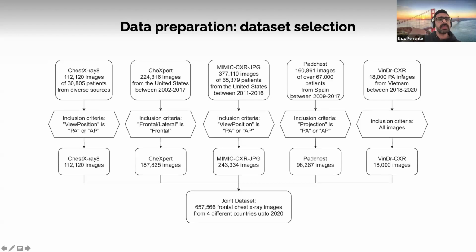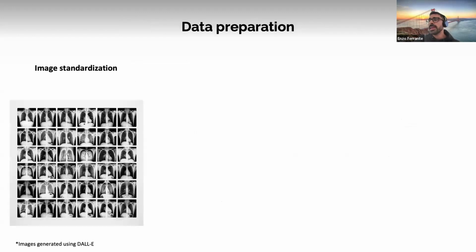And now we are extending it to other datasets as well, but this was the initial bunch of datasets we used. And so we basically defined some inclusion-exclusion criteria. We took only images from the front view, the frontal view of the dataset, and we filtered by that, and this ended up being these more than 600,000 images that we used.